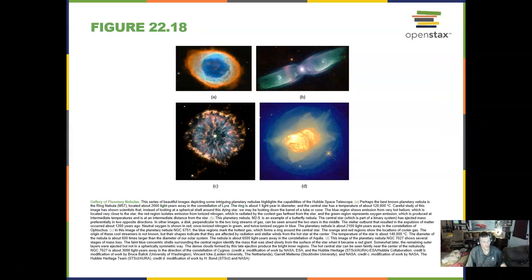Why are they called planetary nebulae? They have nothing to do with planets. Well, in a telescope, they look a little three-dimensional, and that's how planets look too, so it gives them that name. But these are the remnants of stars that have died, and we see such beautiful art in space in the universe.